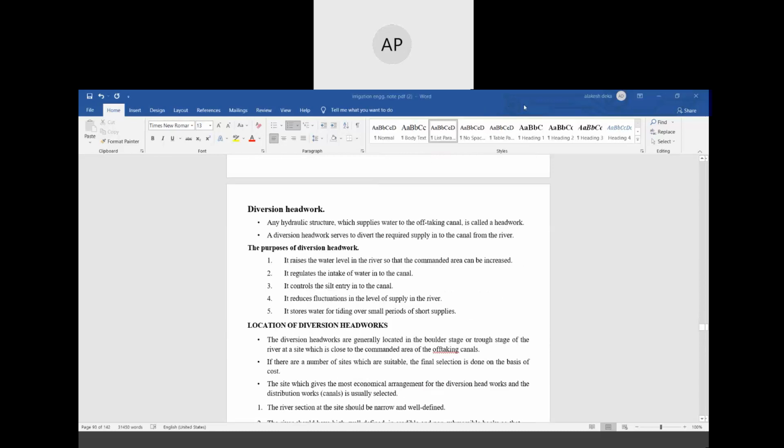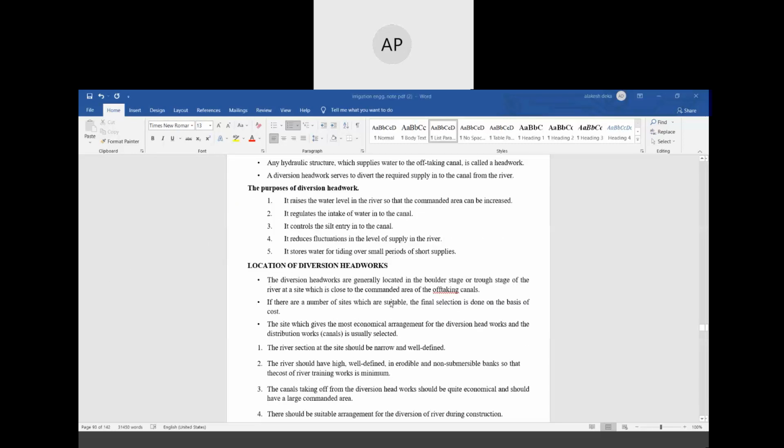Another important topic is a chapter named diversion headwork. About diversion headwork we will discuss in the next class, not today.